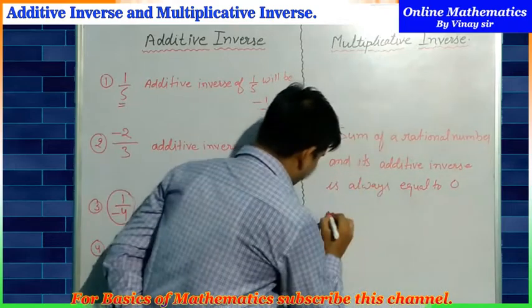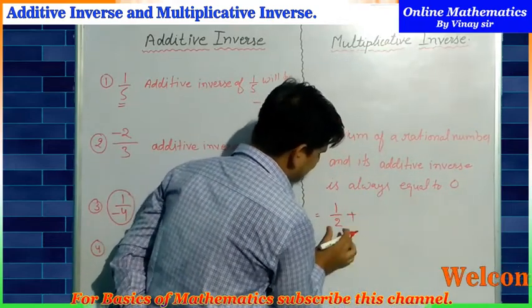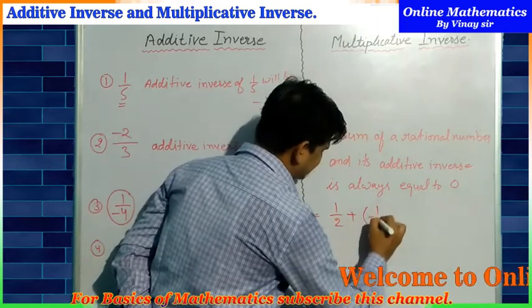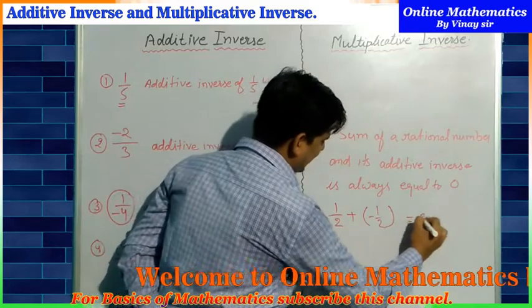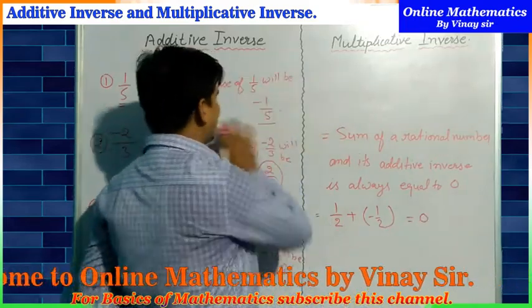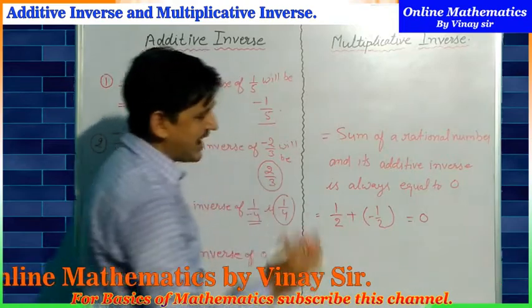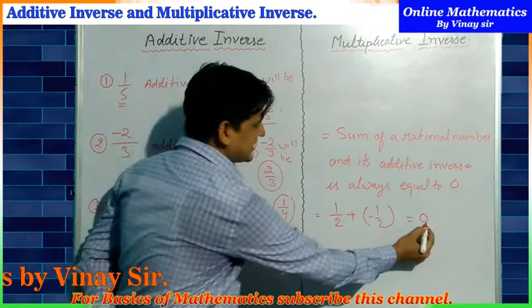When we have the number 1 upon 2, the additive inverse of 1 upon 2 is minus 1 upon 2, and when we add these two numbers, we get the result 0. So this is the property of additive inverse. When we add a rational number with its additive inverse, we get the result 0.